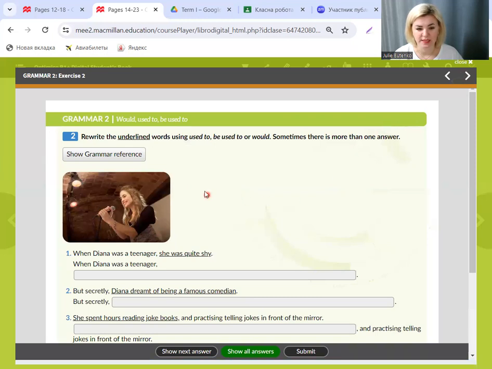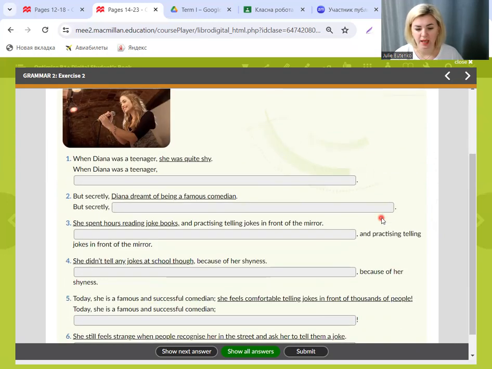Exercise 2 with the task to rewrite the underlined words using used to, be used to, or would. Sometimes there is more than one answer. Okay. Underlined підкреслені. When Diana was a teenager, she was quite shy. When Diana was a teenager, she used to be quite shy.